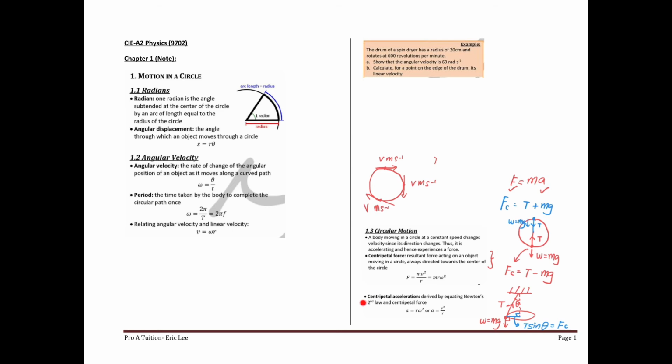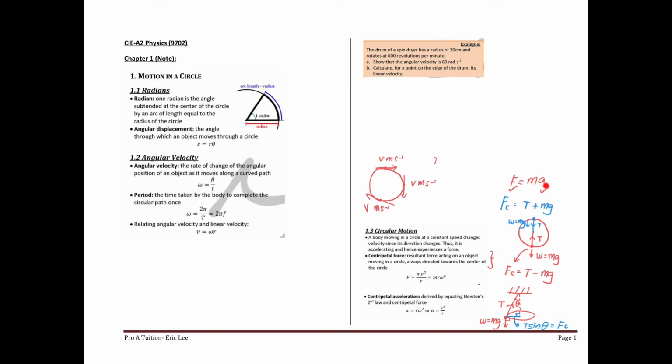Now let's look at the next one, centripetal acceleration. So as you know, F equal to ma. If there is a centripetal force, which is the force that acts towards the center of the circle, of course, there should be a corresponding acceleration.